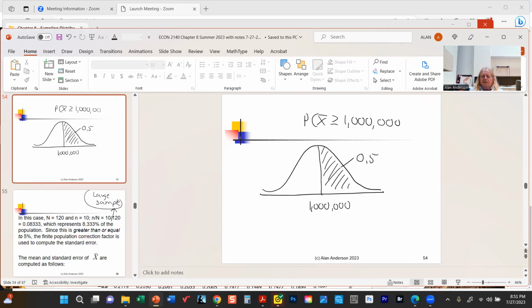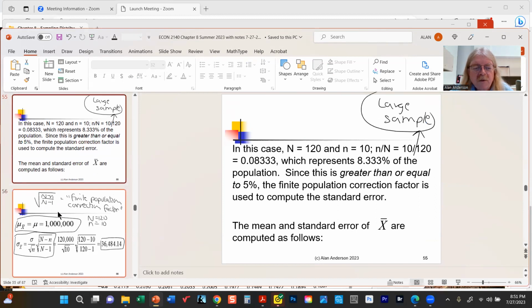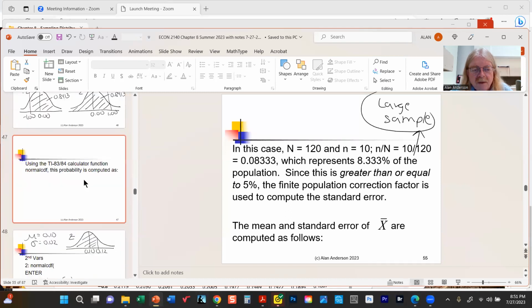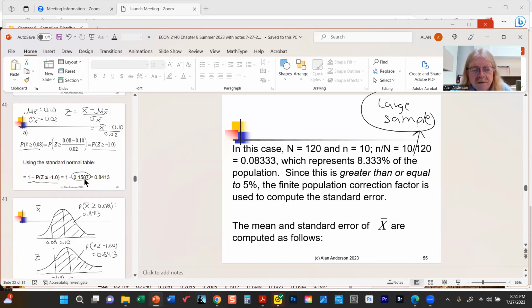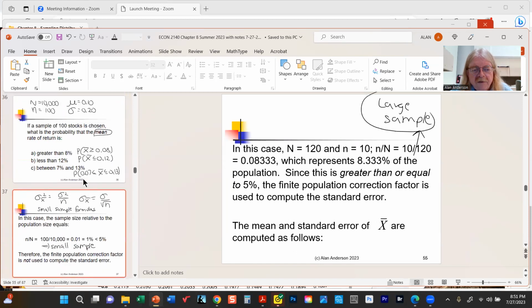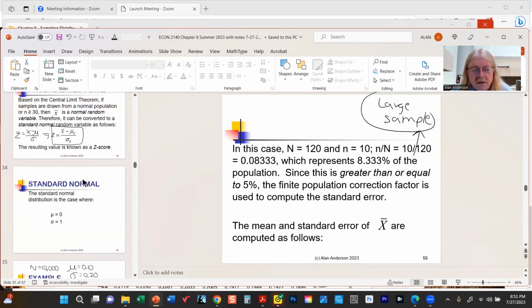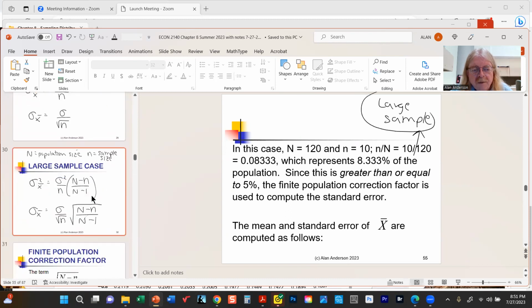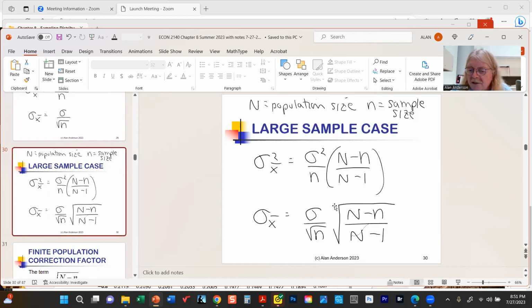So you really don't have to do any calculations here, but if you forgot that, what you do is go ahead and you first recognize that we have a large sample here because 10 is about 8.33% of 120, which means we need the formulas that I showed you a minute ago with the extra terms to reflect the fact that this is a large sample and that the variance and standard deviation will be reduced as a result. Okay, so we need these two formulas for what's about to happen.